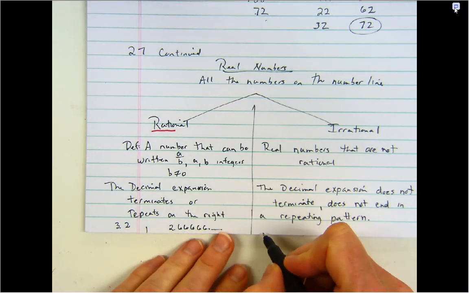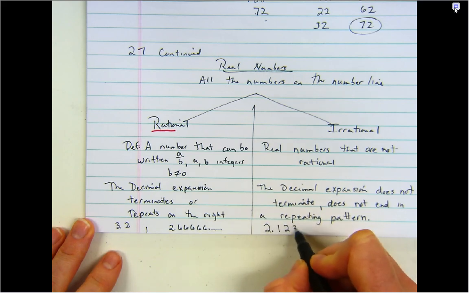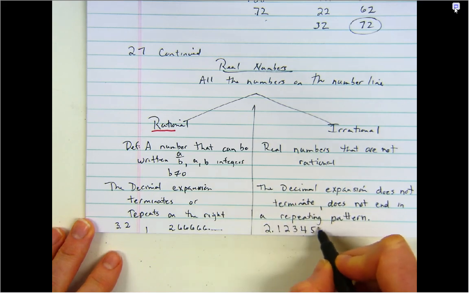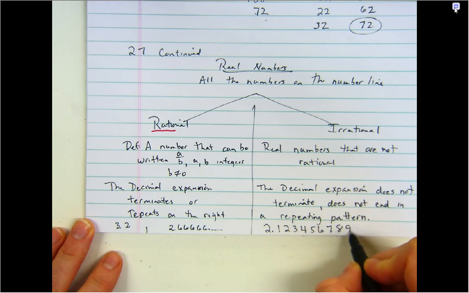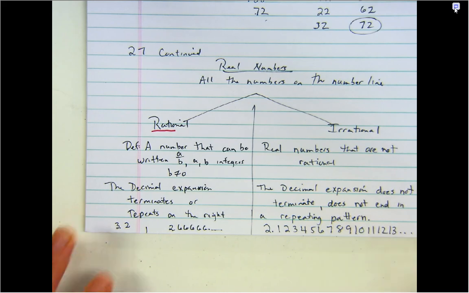How about 2.126... 3, 4, 5, 6, 7, 8, 9, 10, 11, 12, 13, dot, dot, dot. Does anybody know what would be the next two numbers? Yeah, 14. So you can see it goes on forever, but it doesn't end in a repeating pattern. It has a pattern, but not a repeating pattern.